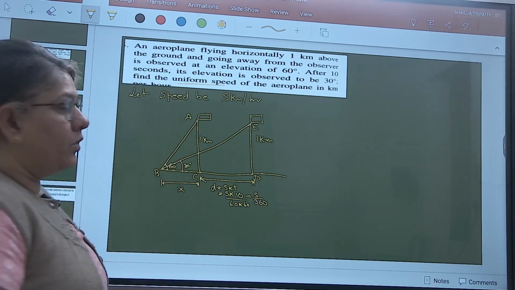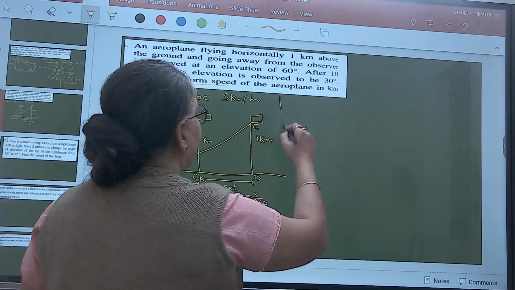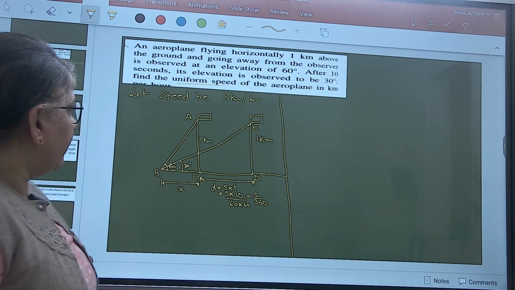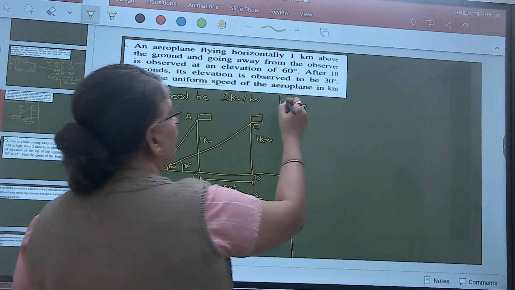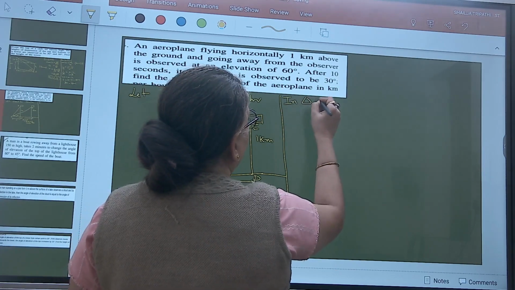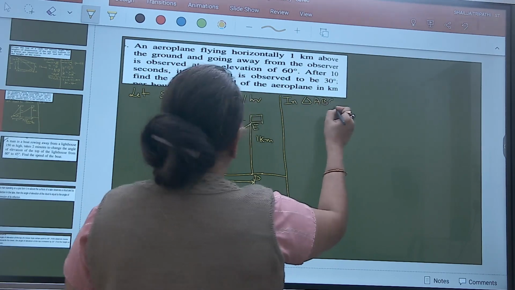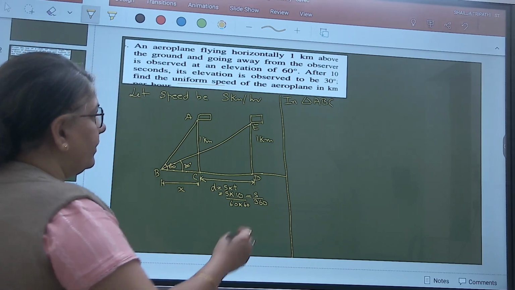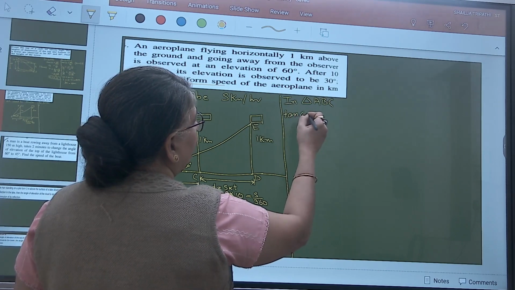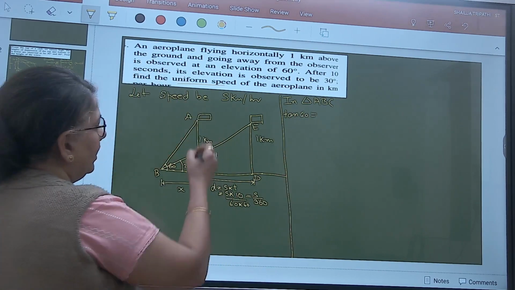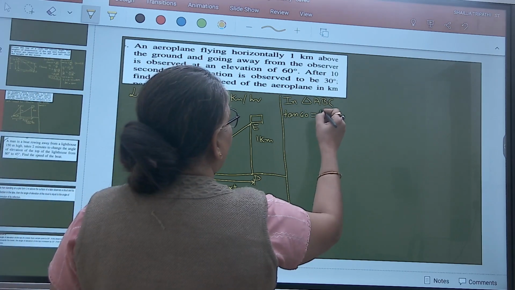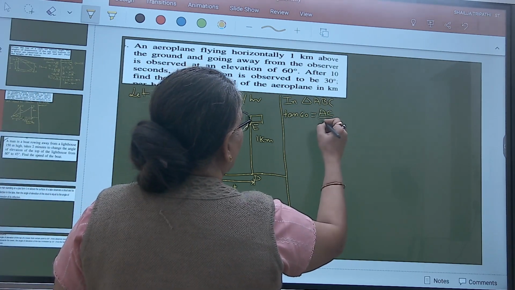Now we can use trigonometry, that is in triangle, right angle triangle ABC. See, we get tan 60 degree is equal to AC upon BC.